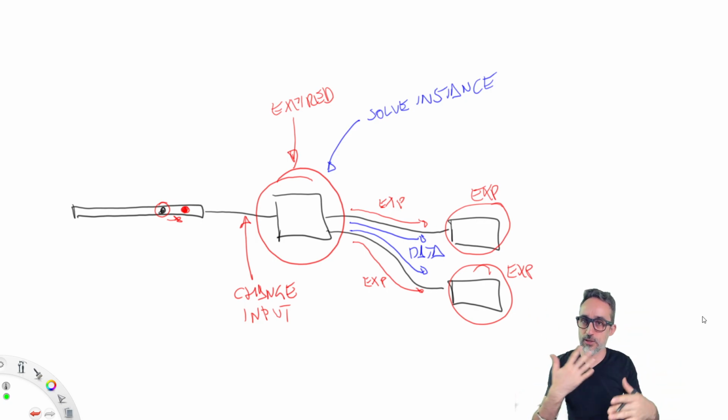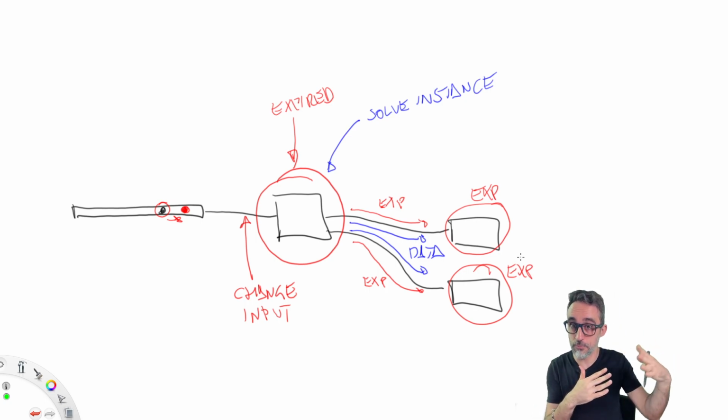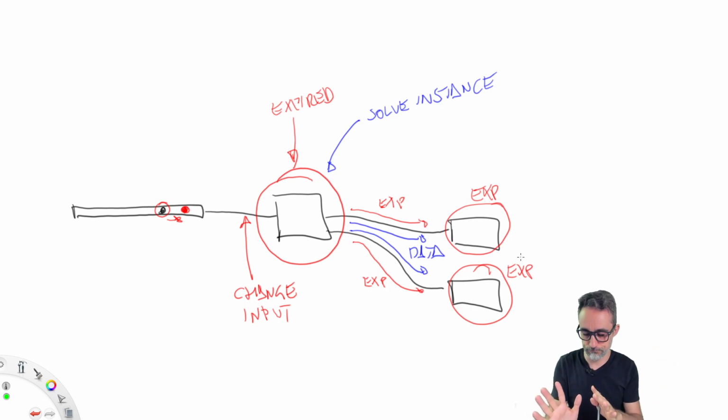We want things to keep flowing, but we don't want the components after this one to expire or to change or to trigger any update. Then what we need to do is hack this process a little bit so that we control the expiration and the solving of instances in a way that suits this asynchronous or deferred update of the solution that we want to achieve.